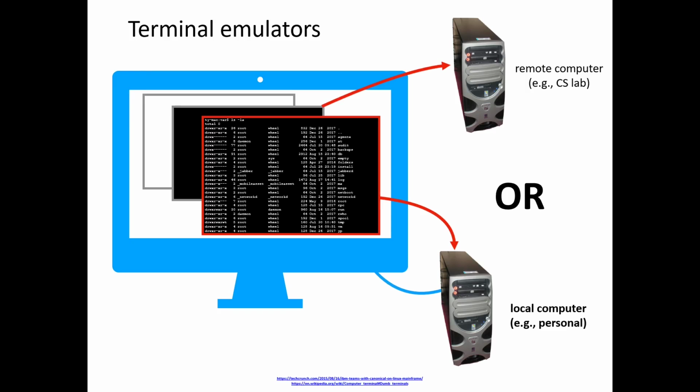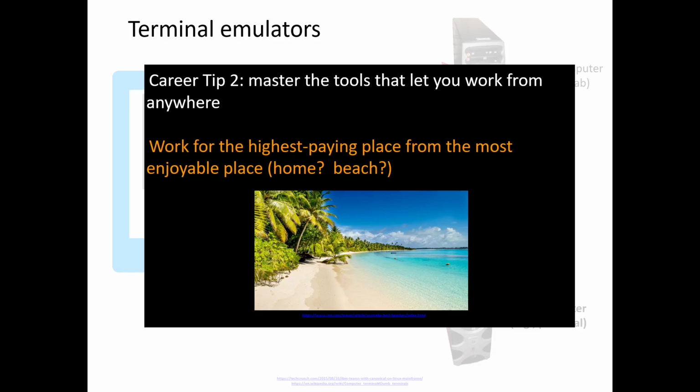The other tip is, find some tools that let you do this job from anywhere. For example, if there's a global pandemic and you're stuck at home, you still want to be able to do your job. The world is still going to need data scientists out there who are analyzing data, maybe potentially data about the genome of a vaccine or a virus, or producing a vaccine, or just counting the number of cases of the virus.